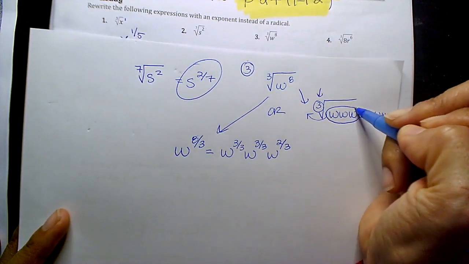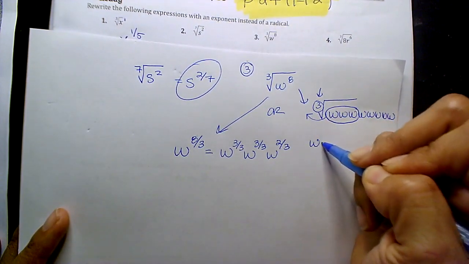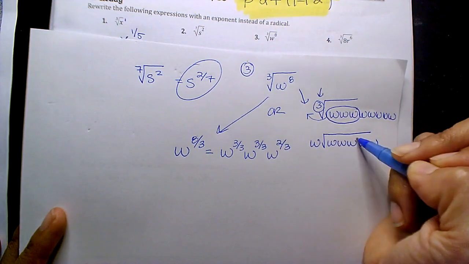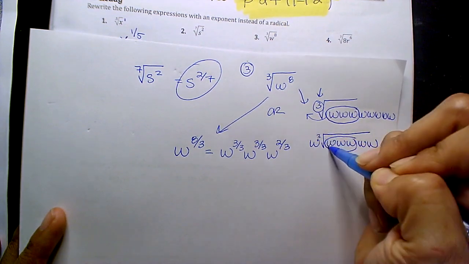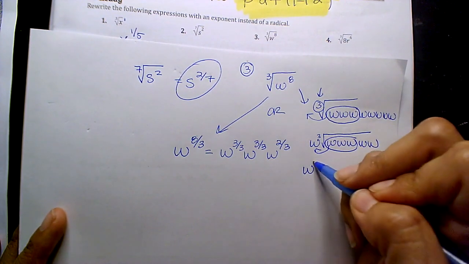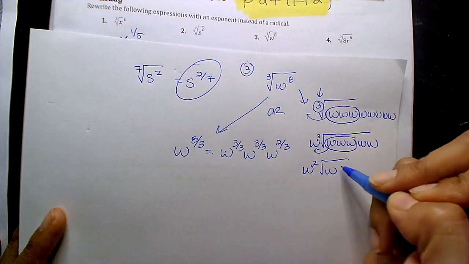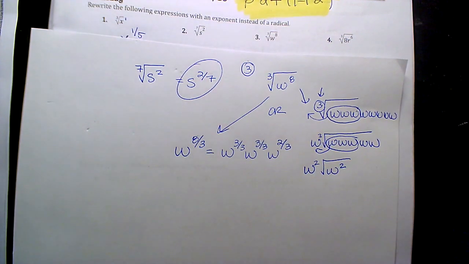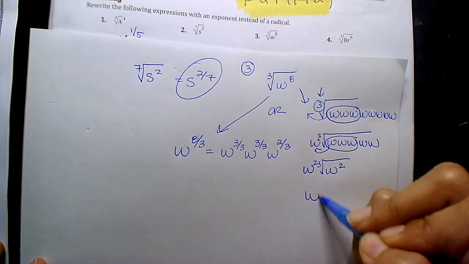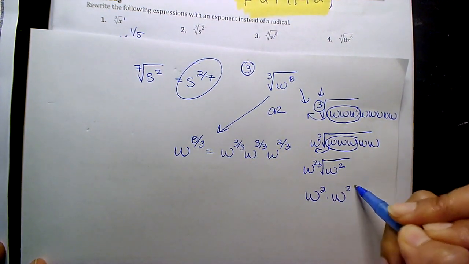If I can make 3, it comes out. So now I have 1, 2, 3, 4, 5. If I can pull a 3, I can bring it out. And so now that's W squared, and I'm left with W squared inside, correct? And now you have this 2/3.